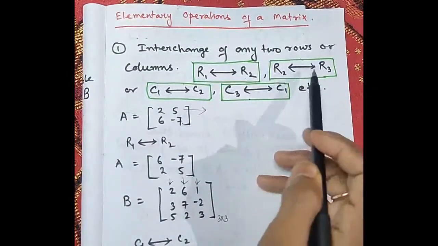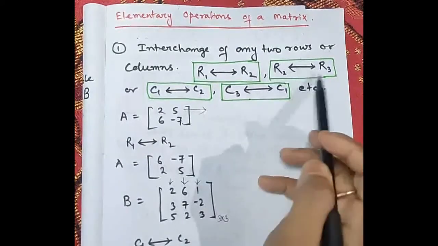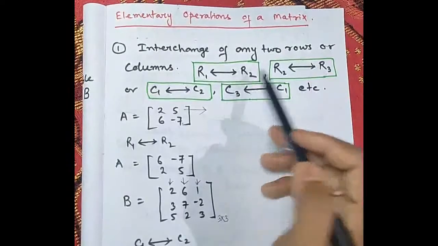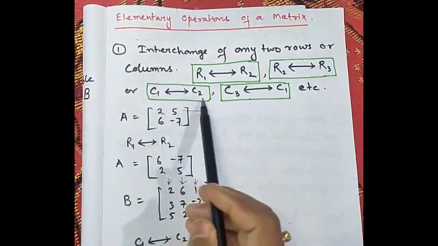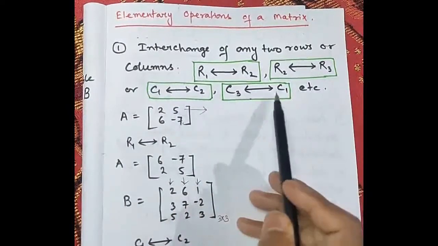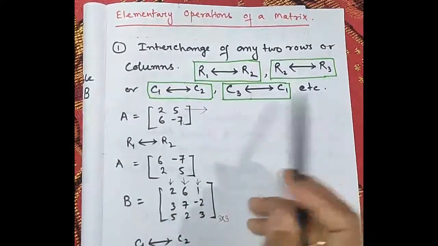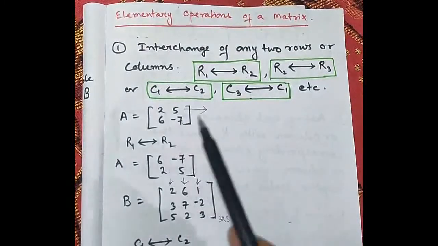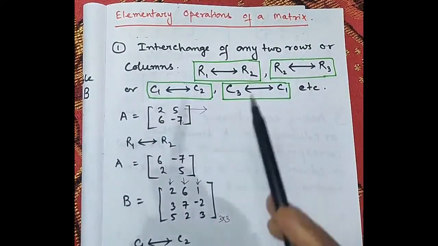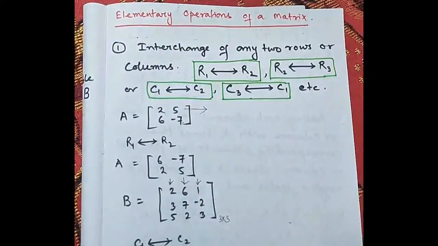Same with R2 <-> R3: we are changing R2 to R3 and bringing R3 as R2. Or C1 <-> C2, column 1 and column 2 we are interchanging. C3 <-> C1, column 3 and column 1 we are interchanging. So like this we have to apply this elementary operation for interchange.